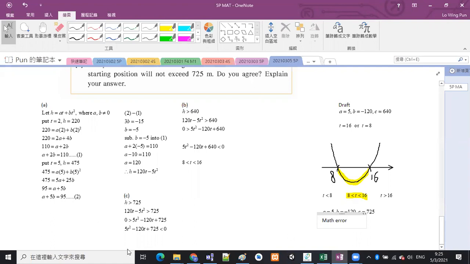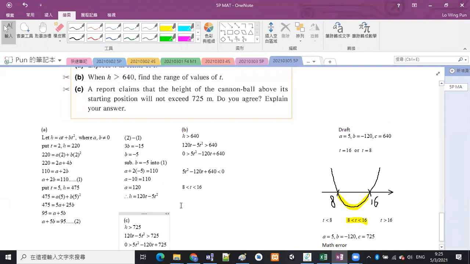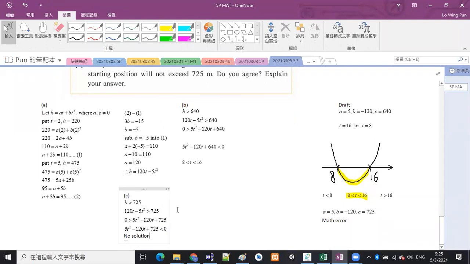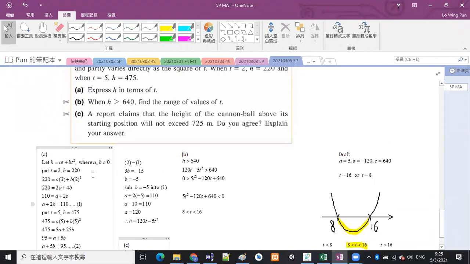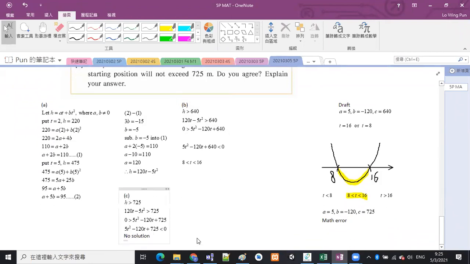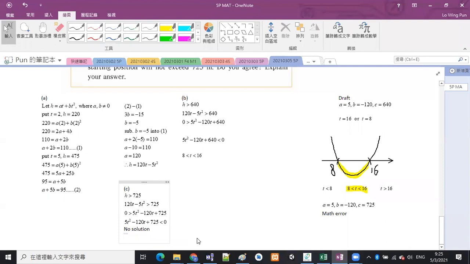Okay, that is good, which means that there should be no solution. Okay, so h cannot exceed 725. But the claim says that it will not exceed. So this time it should be agreed. Okay, so it should be yes.